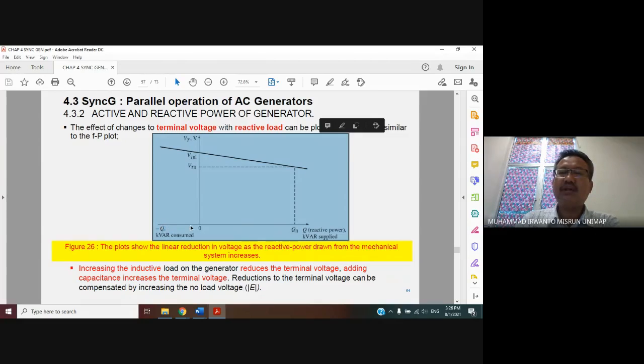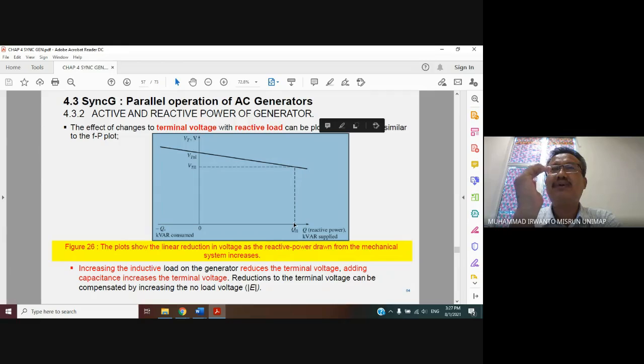Remember when we discussed the phasor diagram for the inductive load, for the lagging power factor, the terminal voltage is lower than the internal generated voltage.